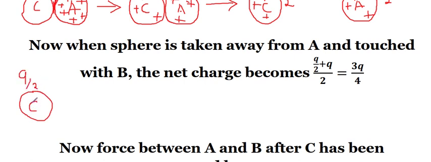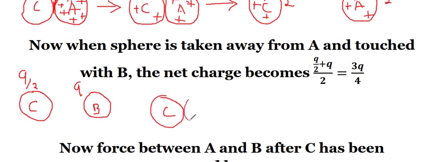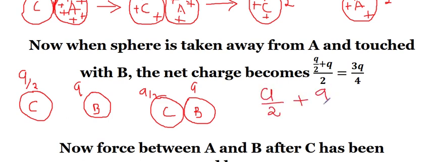And this is your sphere B, having the same charge initially as sphere A, which is Q. So when you touch the two spheres, C and B, charge redistribution occurs such that the net charge becomes the charge on sphere C plus the charge on sphere B, divided by 2.